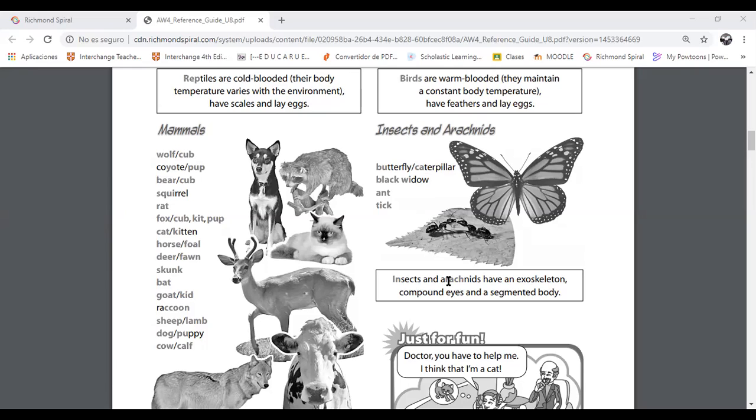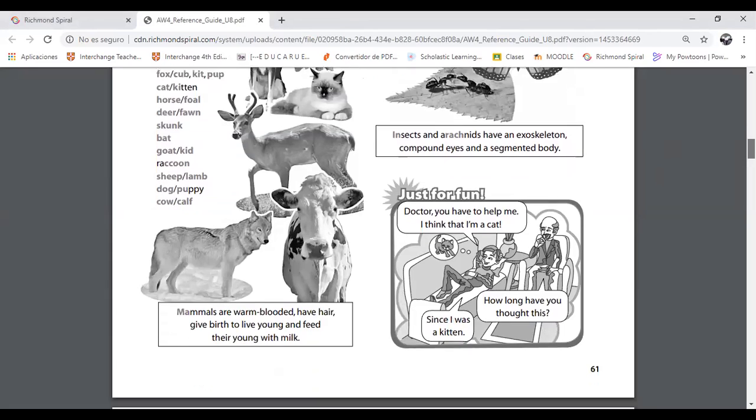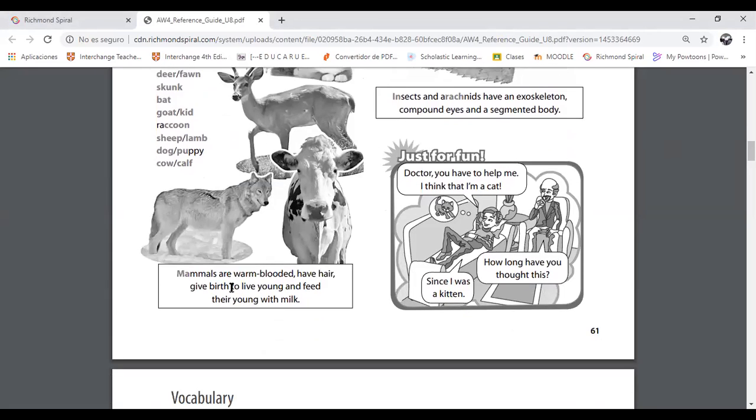Insects and arachnids have an exoskeleton, compound eyes, and a segmented body. I told you that this is interesting. Now this one, before we read the joke, it says mammals are warm-blooded, have hair, give birth to live young, and feed their young with milk.